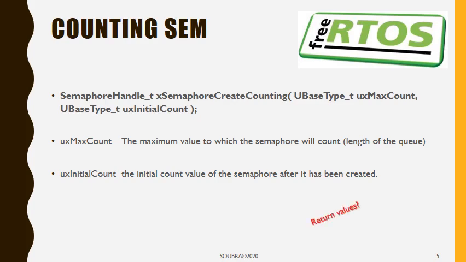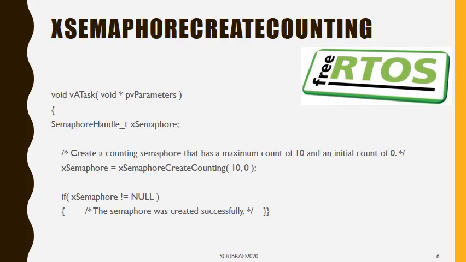And of course there's a return value, as with a task create, for instance: it could be that it succeeded or it failed. Fair enough? Alright, so check this out. Here's an example of a task that is defining a semaphore. For my semaphore we're using a handle, and you should remember what that is.